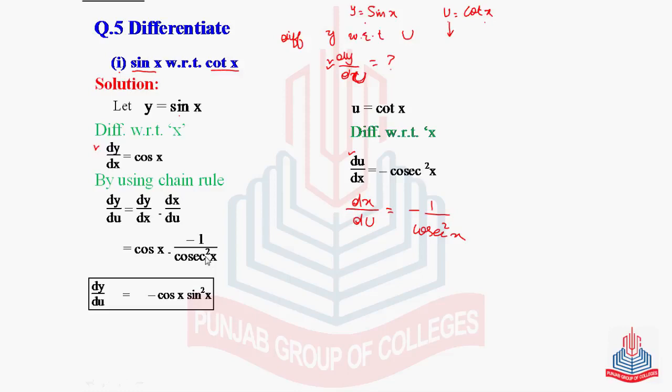So finally we have dy by du is equal to cos of x, and this minus here, and 1 over cosecant square is actually sin square x. So the derivative of sin x with respect to cot x will become minus cos x into sin square x.